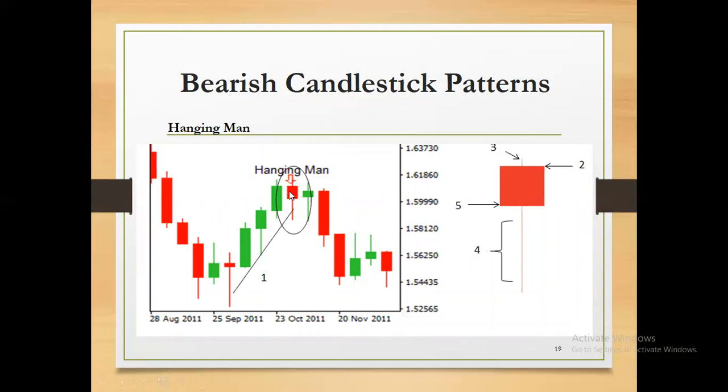It's a hammer formed at the top of a trend, so we call it a hanging man. But if this formed at the bottom, it is not a hanging man but a hammer. This one we call a hanging man because it is found on the top. When you see this on a resistance level, there's a probability that the market will go down.